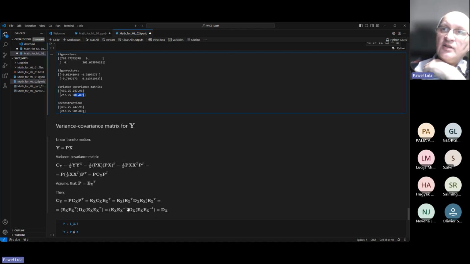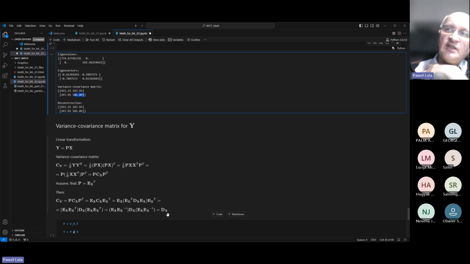So we can remove these elements and these elements. And finally, we have only this dx matrix. So after making all these calculations, we can say that variance-covariance matrix for new data has this form.